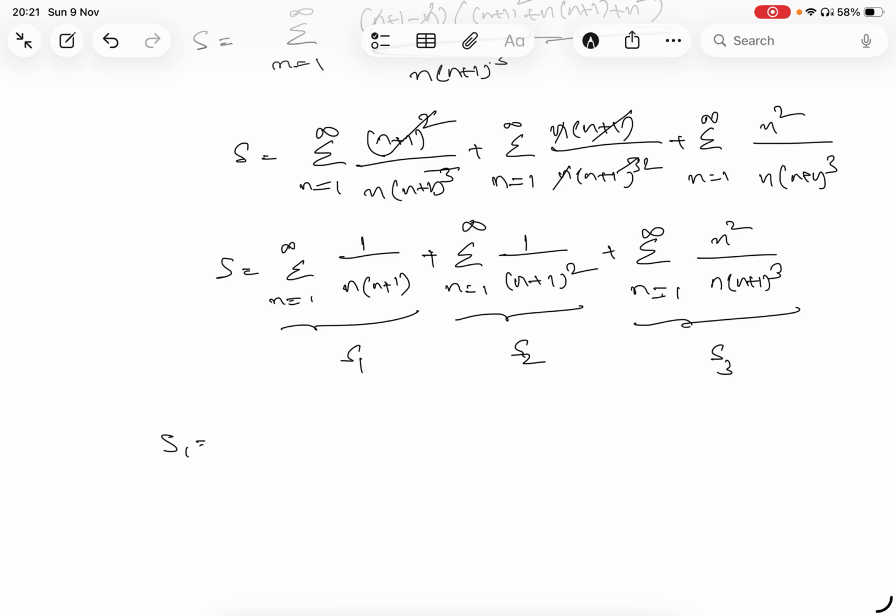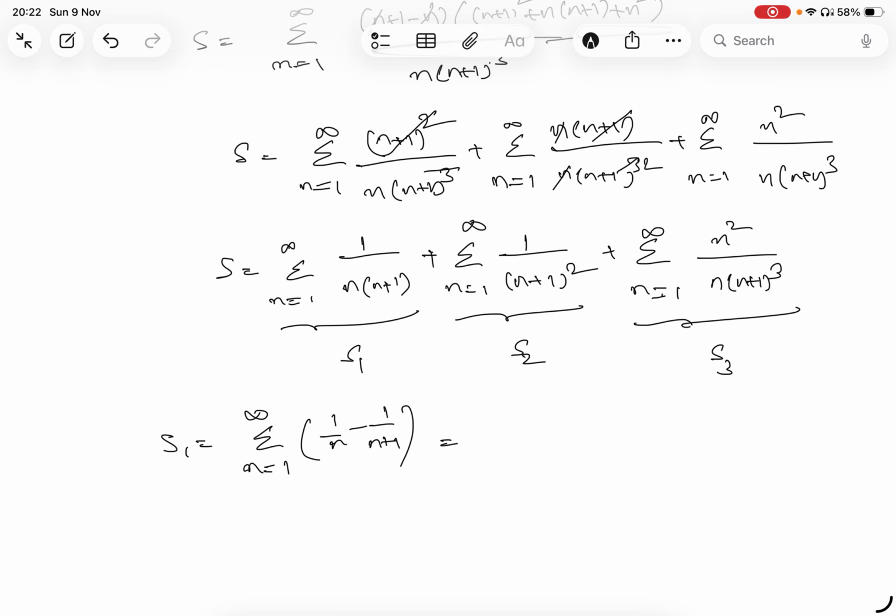So S1 is, as you can see, consecutive terms in the denominator, n into n plus 1, which can be written as summation n equal to 1 to infinity 1 by n minus 1 by n plus 1. Fine. If you do some math, it will be n plus 1 minus n, and n will get cancelled, and you get 1 in the numerator.